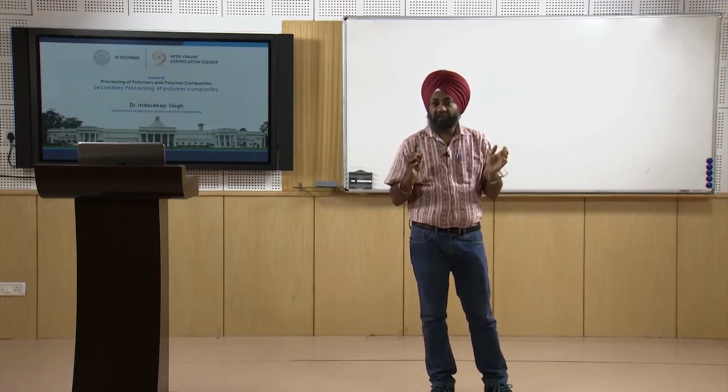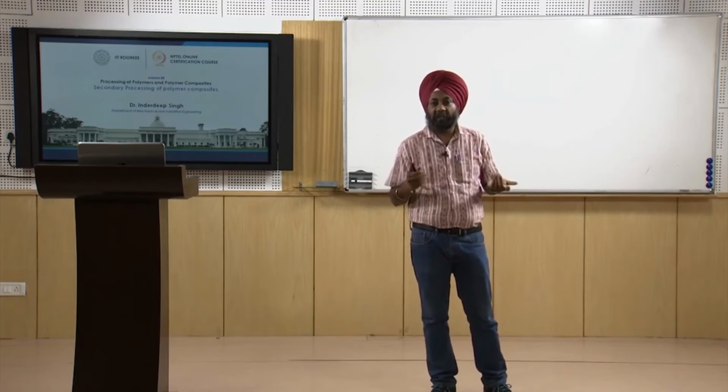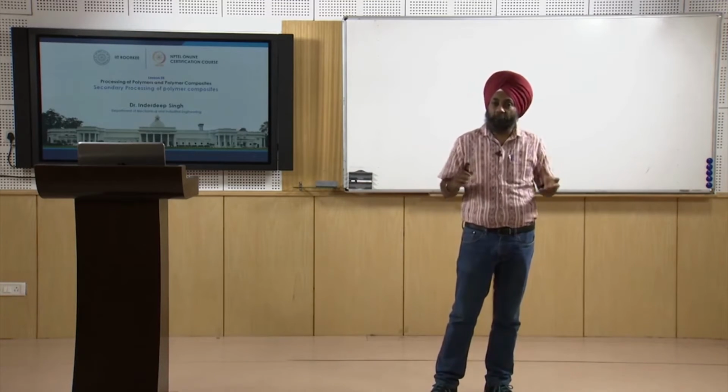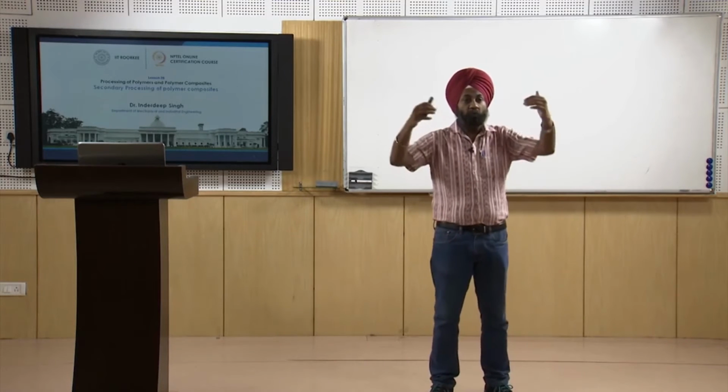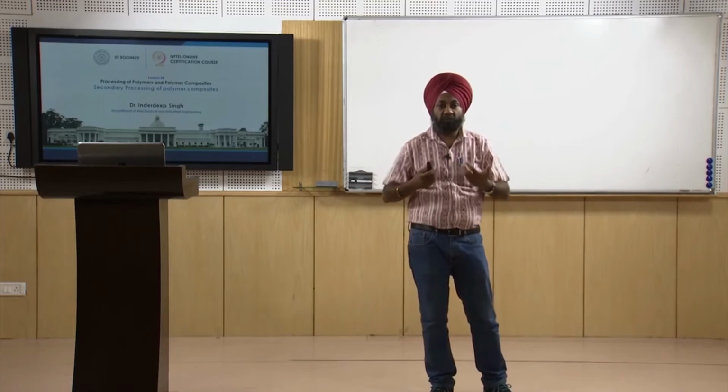Now the question is, why is secondary manufacturing required? We have seen in the videos the shipbuilding, how flat plate composite laminates can be manufactured, and how circular axisymmetric composite products can be manufactured.